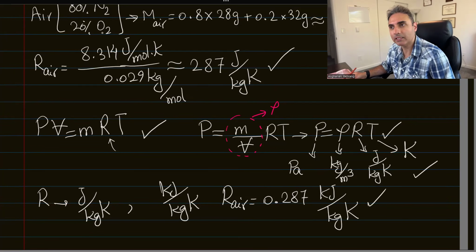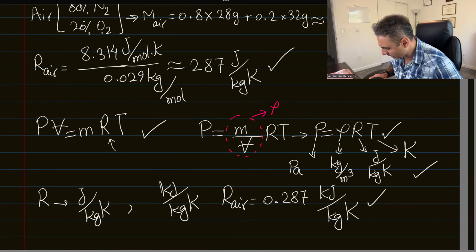If you're using kilojoules per kilogram Kelvin for R, then you have to use kilopascals on the other side of the equation. If you don't want to get confused, go back to basic SI as always, and the equation works all the time. But I'll write it one more time.